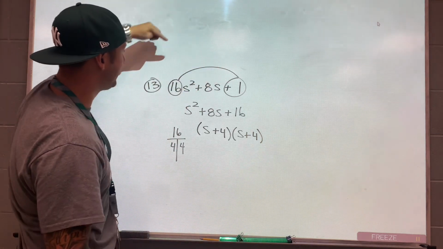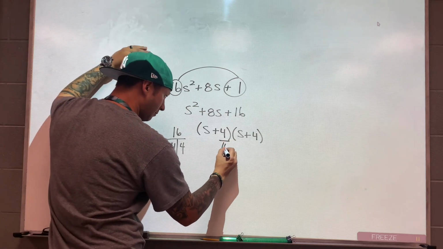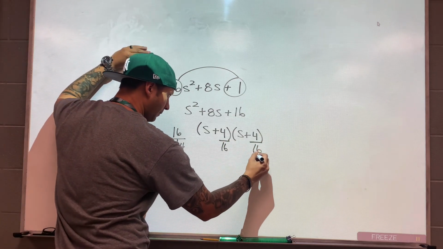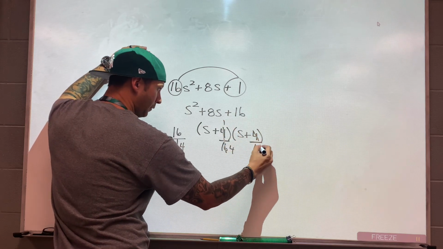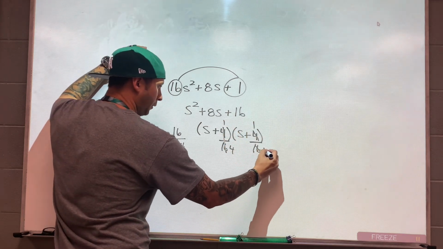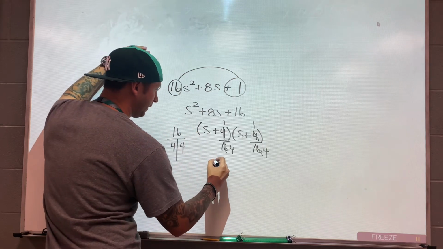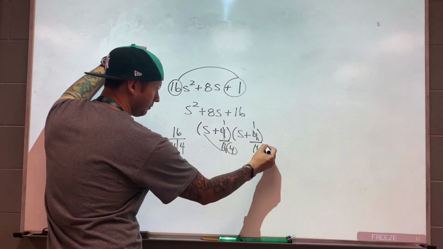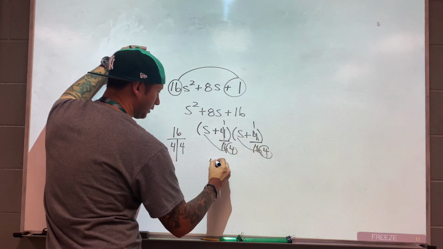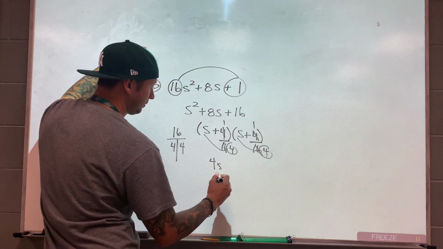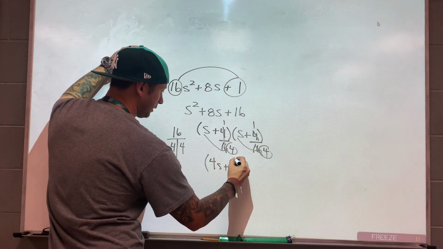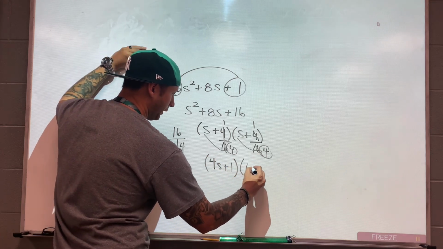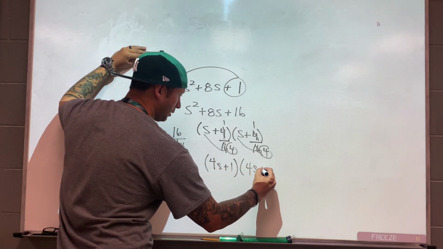Because I multiplied that in, I've got to divide it up. So it's 1 over 4. The 4 here cancels, 1 over 4. So this comes up, this comes up. So 4s plus 1 times 4s plus 1.